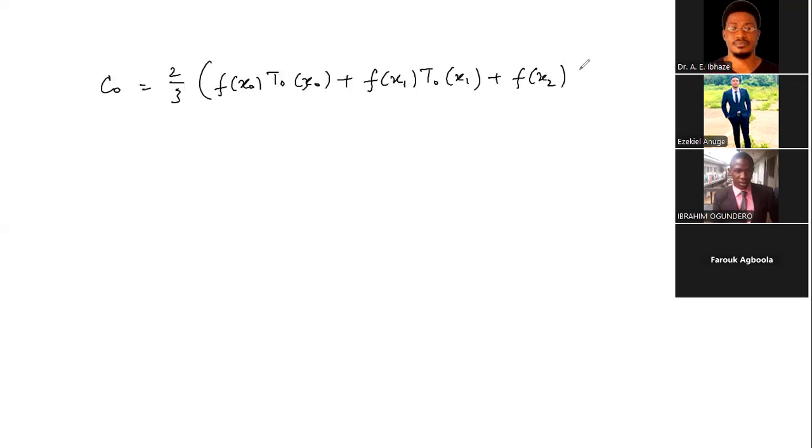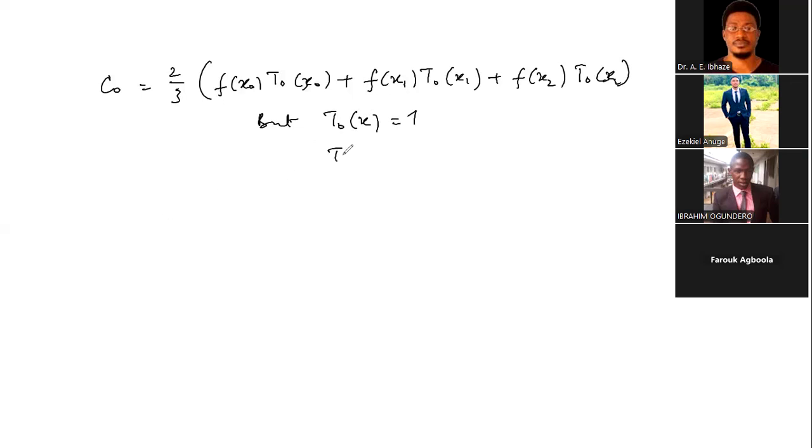Now we know that C0 is the same as 2 over 3 into bracket f of S0 T0 of S0 plus f of S1 T0 of S1 plus f of S2 T0 of S2, right? But we already know that T naught of x is the same as 1.